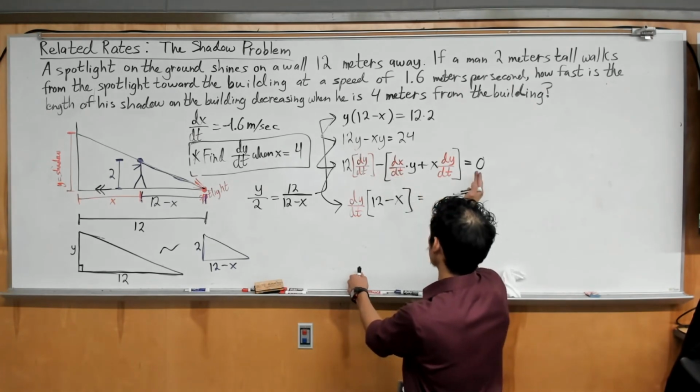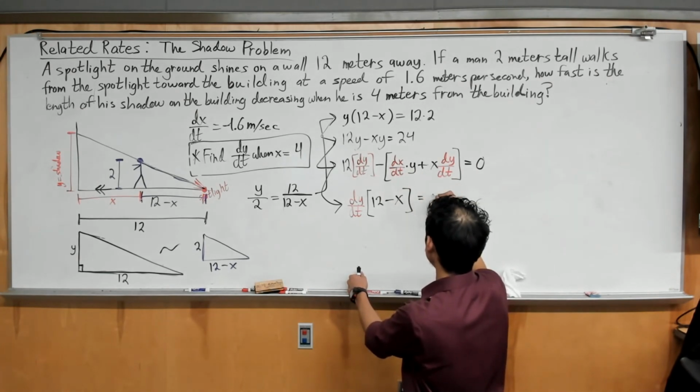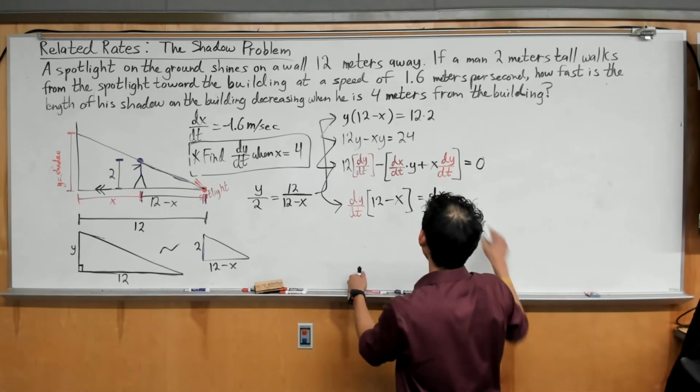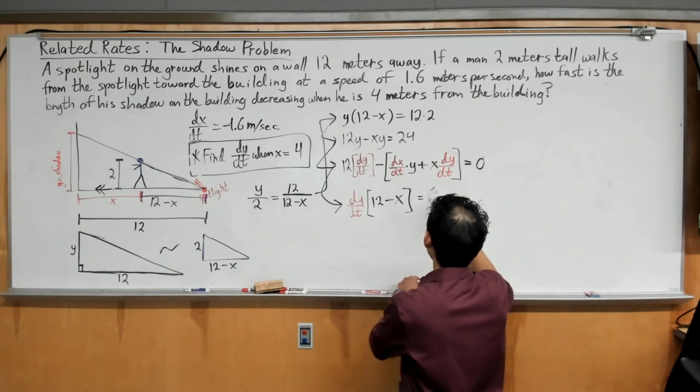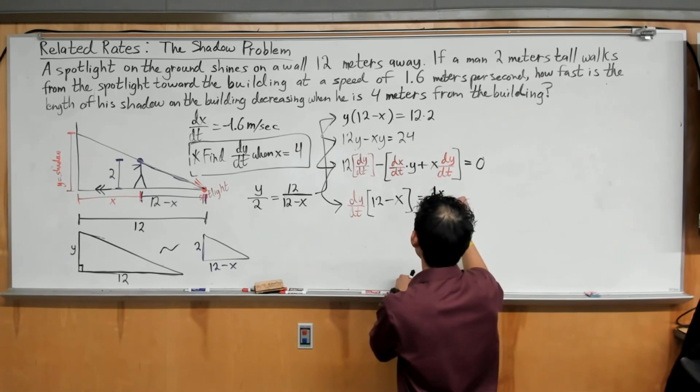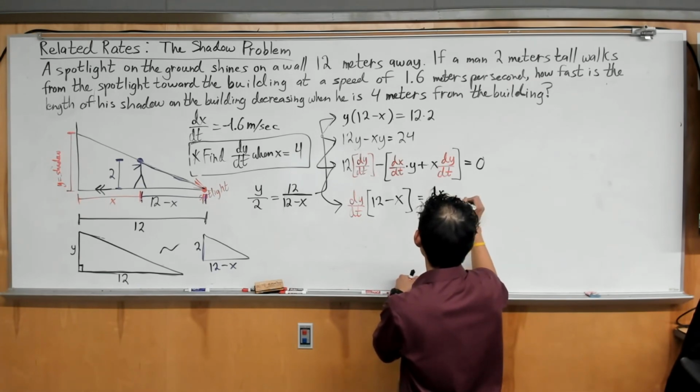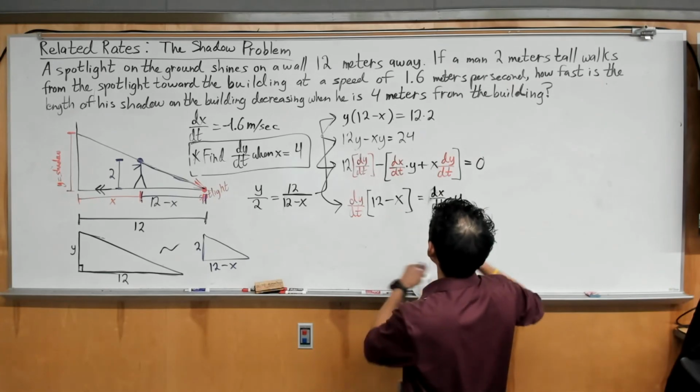But we can just add this to the right, so we can save ourselves a step. So it is equal to dx/dt times y, just so it stands out.